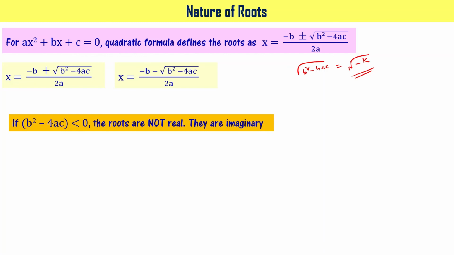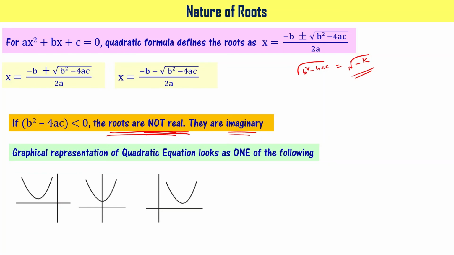For that reason, we say that when b square minus 4ac is less than 0, the roots are not real numbers. They are imaginary. In this case also, you will have two roots, but the roots are going to be imaginary roots. Since you are not exposed to imaginary numbers till now, we don't really worry about it, and we simply say that roots are not real numbers. In this particular case, the graphical representation looks like this.